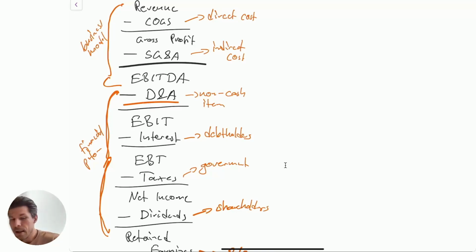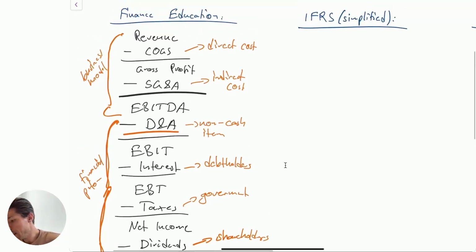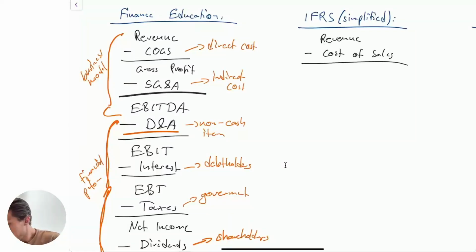However, this is not how it is reported under IFRS. Under IFRS, we start with revenue, yes. Then we usually call it cost of sales. This is quite identical. Then as well we have gross profit. This is the same as well. Then we call it minus operating expenses, for example, SG&A as I had before, R&D, other expenses.